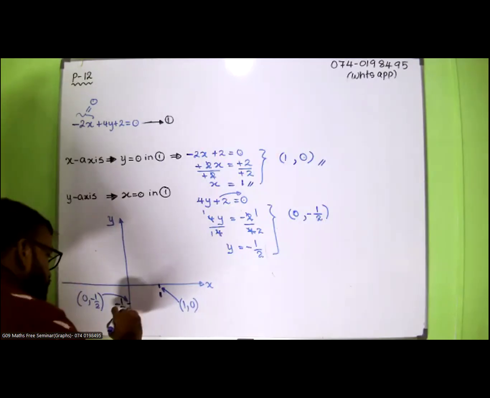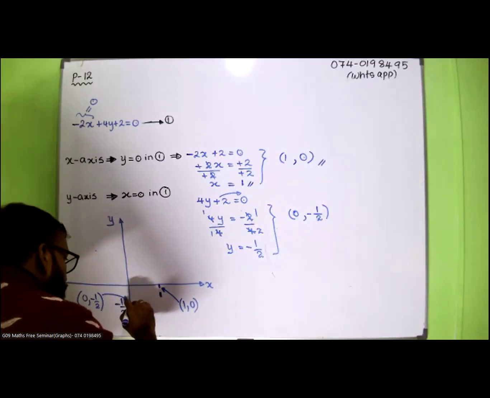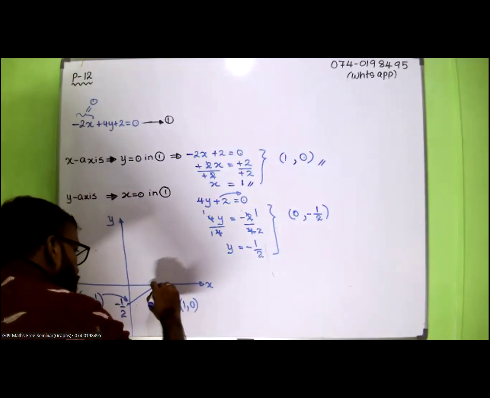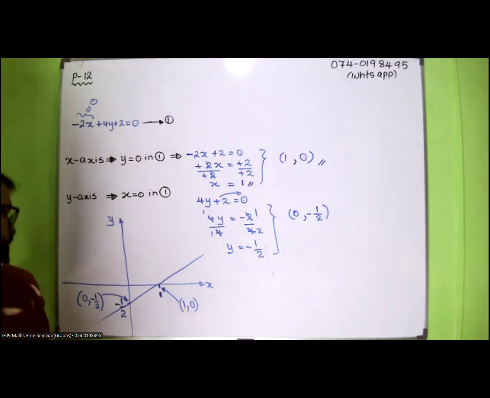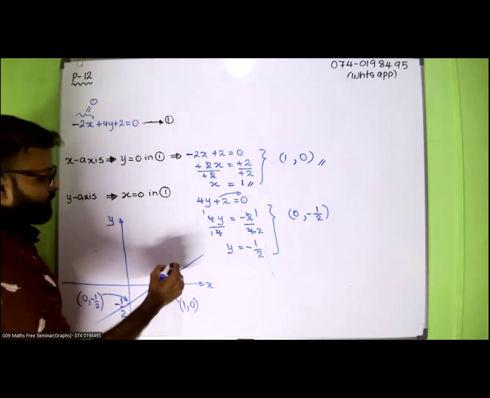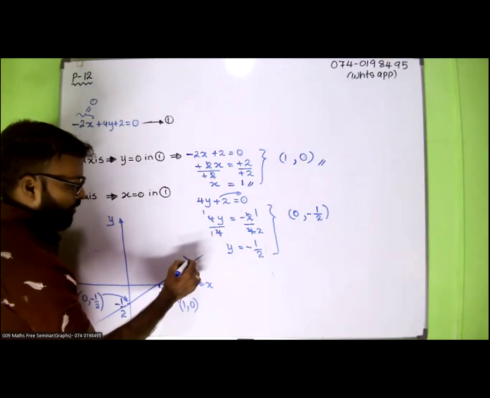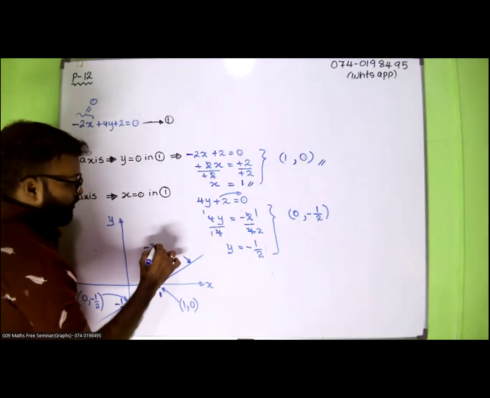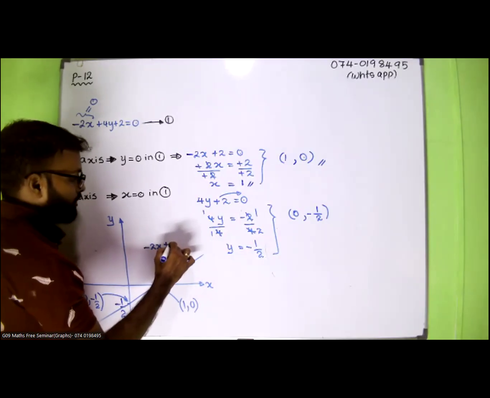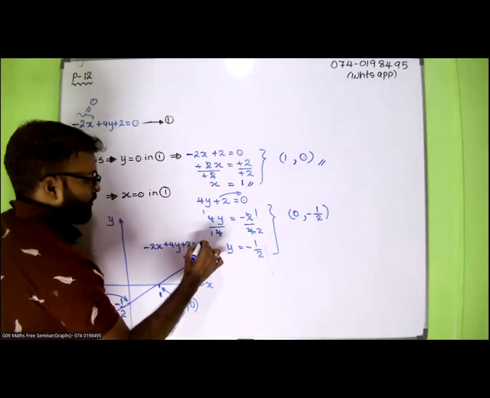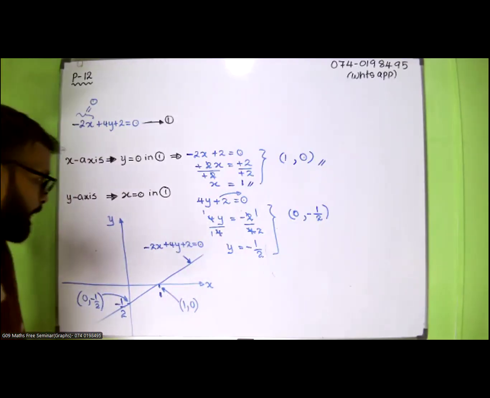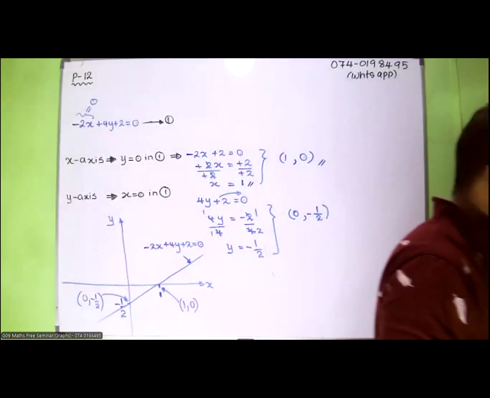And I can join these two points, and if you want, you can extend the line to this side. So this is my line, minus 2x plus 4y plus 2 equals 0. Hope you got it.